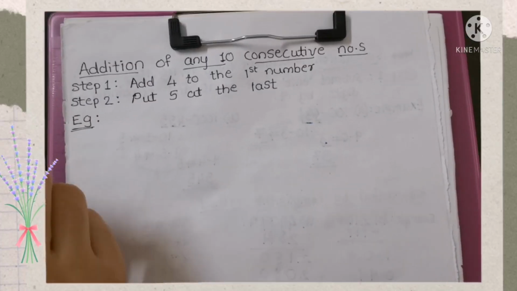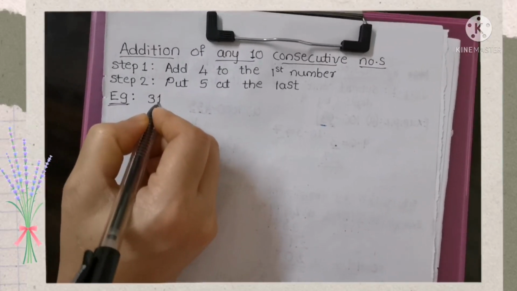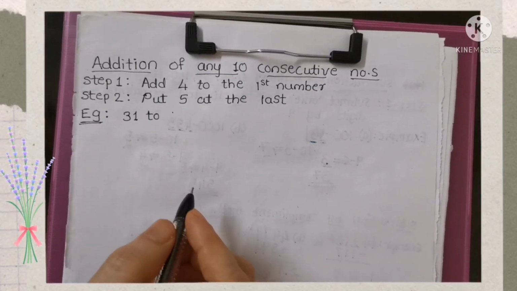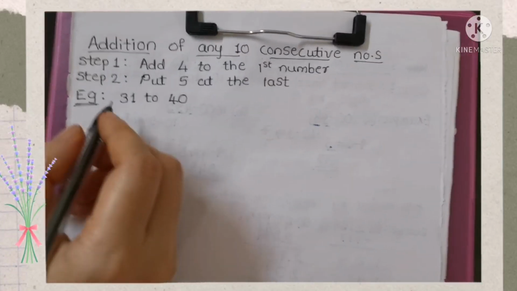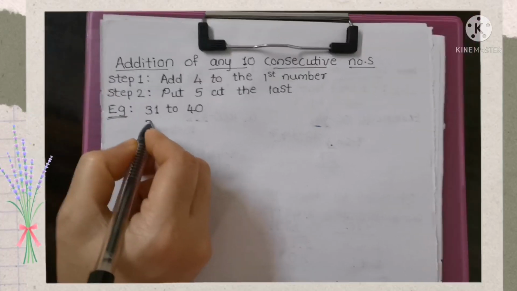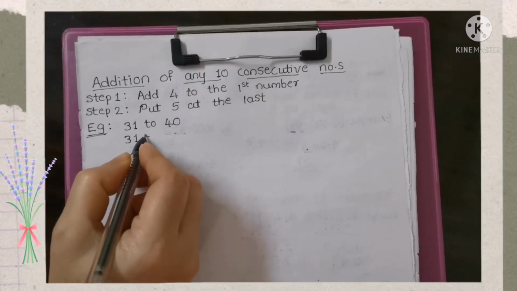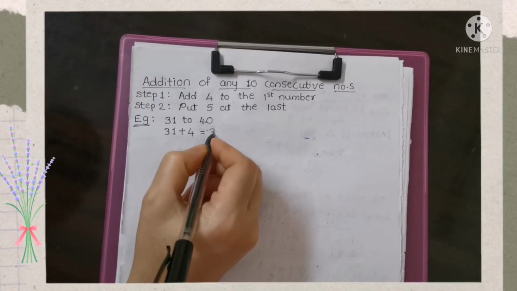So let's see one more example. Our next example is 31 to 40. We will first add 4 to 31 and we get 35.